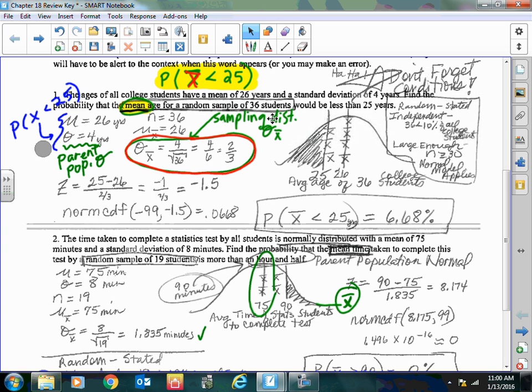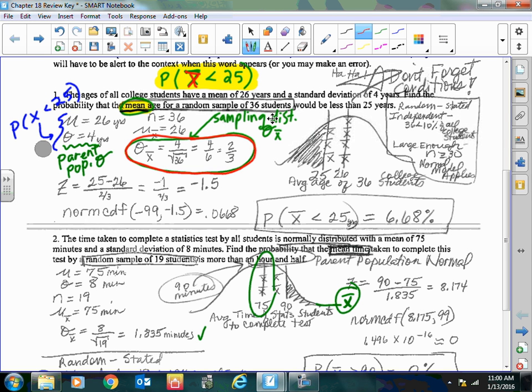But if this question had said, what's the probability that a college student is less than 25 years old, they would have needed to tell you that it was normally distributed.